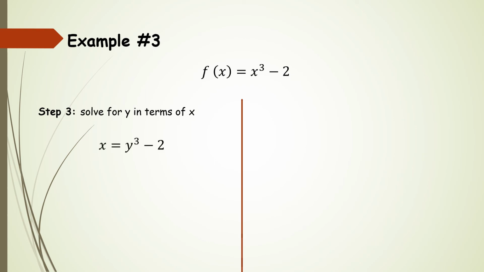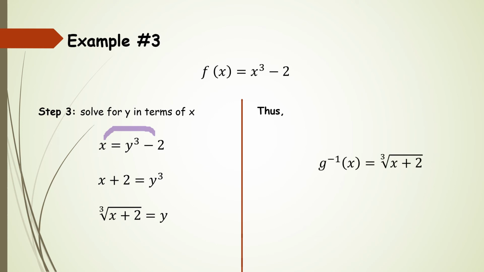We have x is equal to y cubed minus 2. Transpose or use additive inverse for negative 2. We have x plus 2 is equal to y cubed. And getting the cube root of both sides, we have cube root of x plus 2 is equal to y. Thus, the inverse of our g of x is equal to cube root of x plus 2.